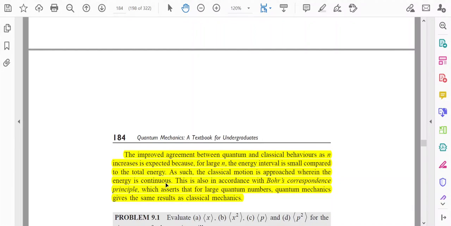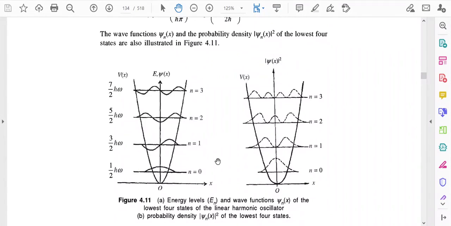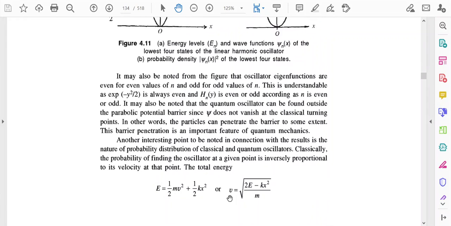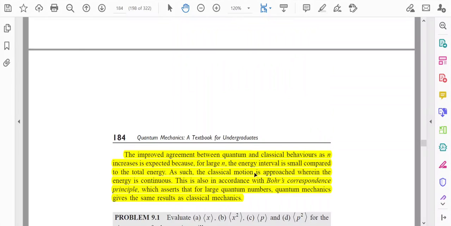So when we consider very large n, the spacing between the quantum states approaches very close. So the energy interval is small compared to the value of the total energy.